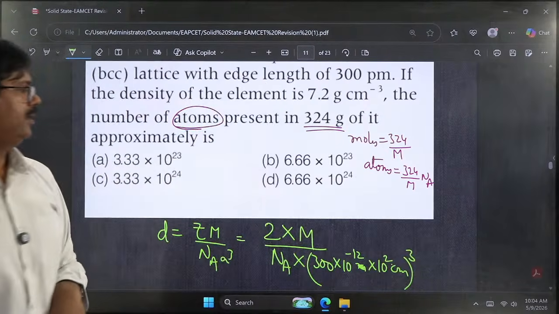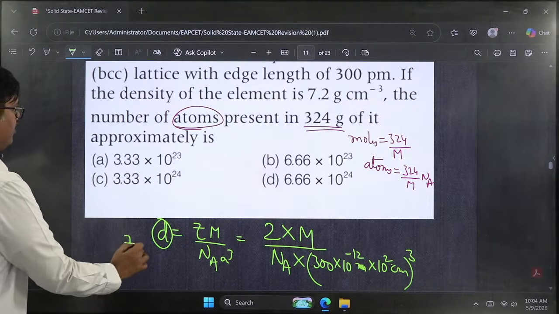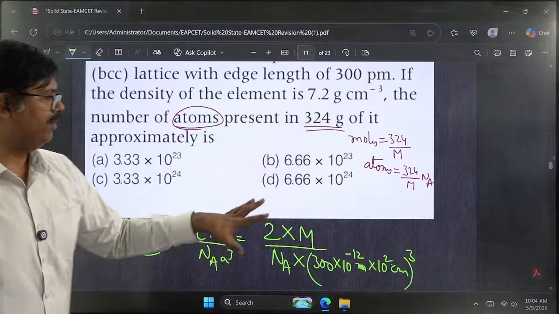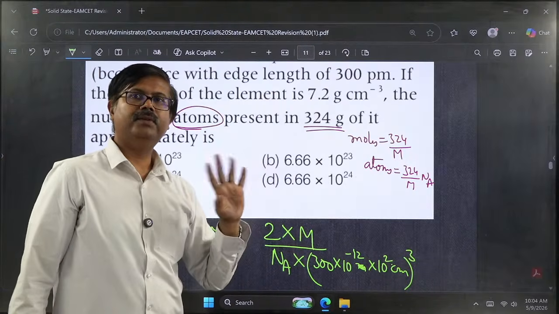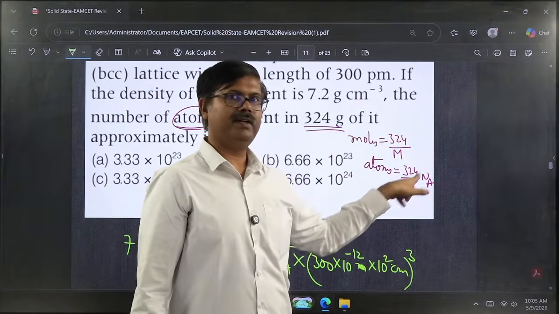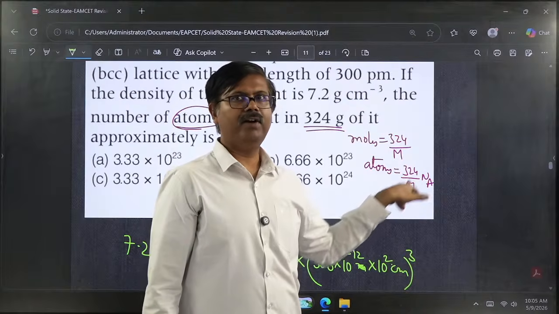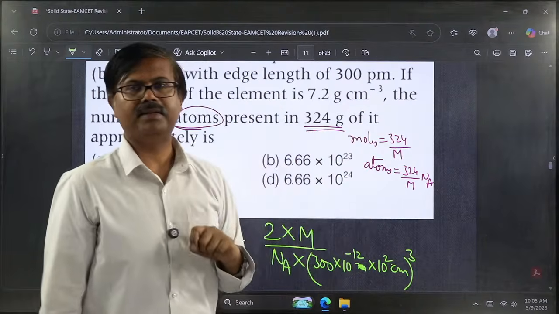A cube, and then density you substitute the value 7.2. Now simplify this and bring M by Na value. Means Na by M we want, just reverse it and keep it here. You will get the answer here.